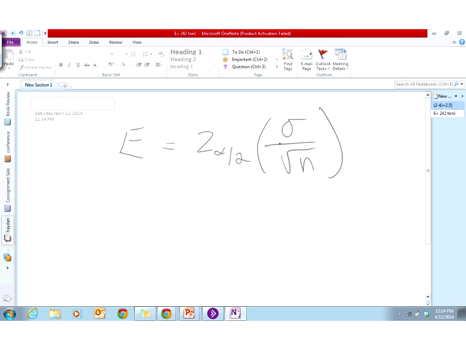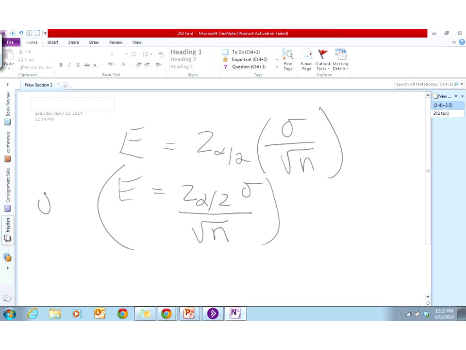So what they're doing is just taking this formula and solving it for n. So if I write it like this, E equals z of alpha over 2 times sigma, over the square root of n. I can either cross multiply, or I just multiply both sides of the equation by the square root of n.